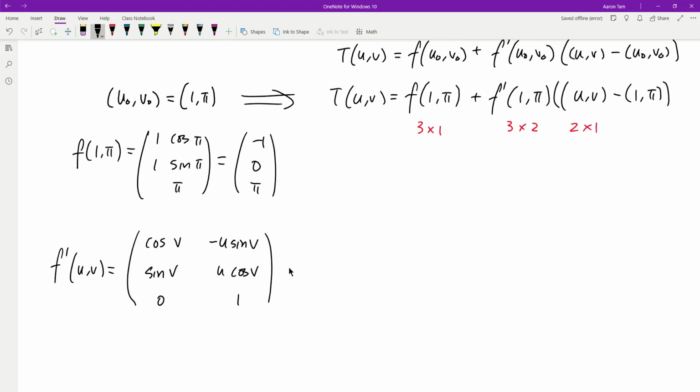And so if I put in f prime at (1, pi), what I have will be the following. Cosine pi, which is -1. -1 sine pi will be 0. Sine pi will be 0. And then 1 cosine v will be -1, 0, 1.